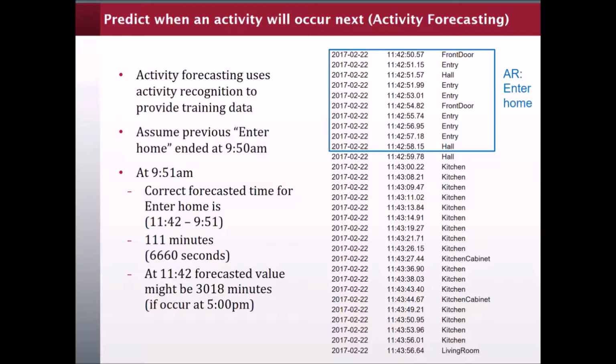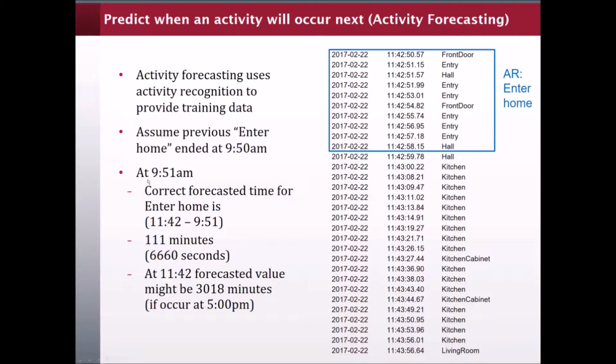So given the data that we see here on the screen and this particular feature window with the label Enter Home, let's assume that there was an earlier point in time, 9:50 a.m., in which the previous occurrence of Enter Home finished.